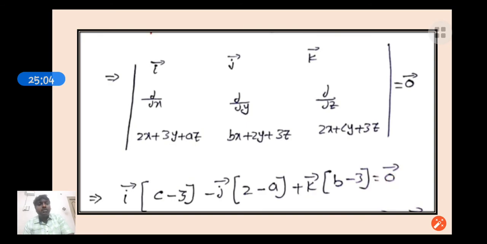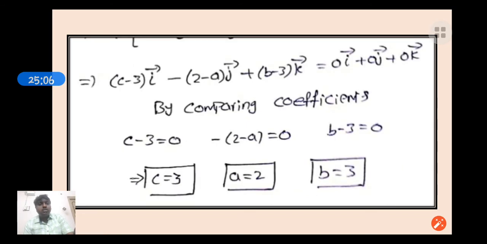By comparing with the 0 vector, this can be written as c minus 3 into i bar, minus 2 minus a into j bar, plus b minus 3 into k bar, is equal to the 0 vector. The 0 vector is 0 i bar plus 0 j bar plus 0 k bar. By comparing the coefficients or components of the vectors, for the i component, in the RHS it is 0 and in the LHS c minus 3, so c minus 3 is equal to 0.